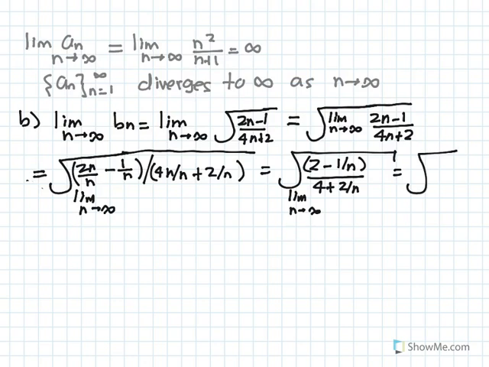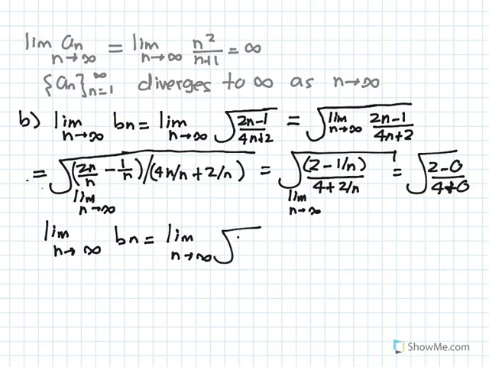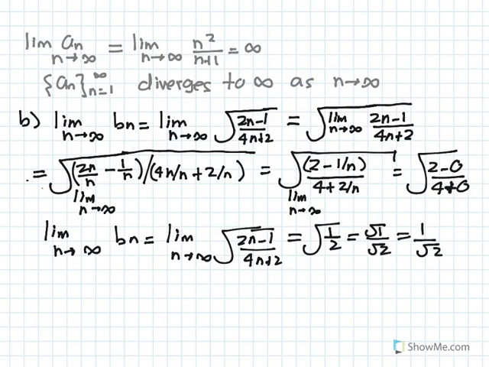What does that give us? We get 2 minus 1 over infinity, which is 0, of course, divided by 4 plus 2 over infinity, which is also 0. Root of 2 over 4, root of 1/2 is 1 over root 2. So the limit as n goes to infinity of Bn is equal to the limit as n goes to infinity of root of 2n minus 1 divided by 4n plus 2, which is equal to root of 1/2, which I can write as root 1 divided by root 2, which is 1 divided by root 2.